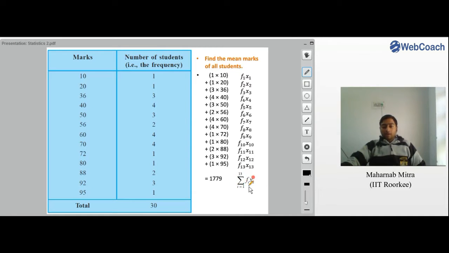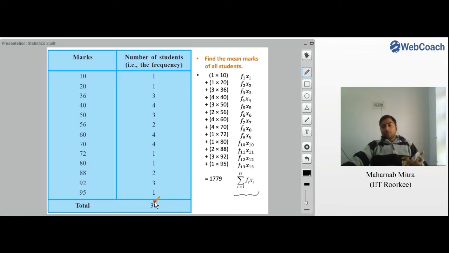As we have the summation sign here, we should add every term where i varies from 1 to 13, or every term starting from f1 x1 till f13 x13, and this is what the symbol of summation means. And to write the formula for the sum of all observations, you don't need to write the entire statement. You can directly write this in the summation form.